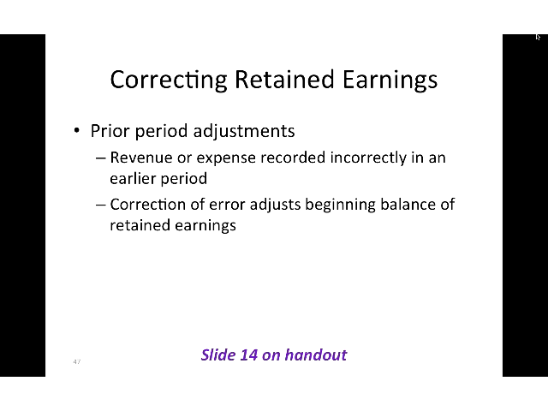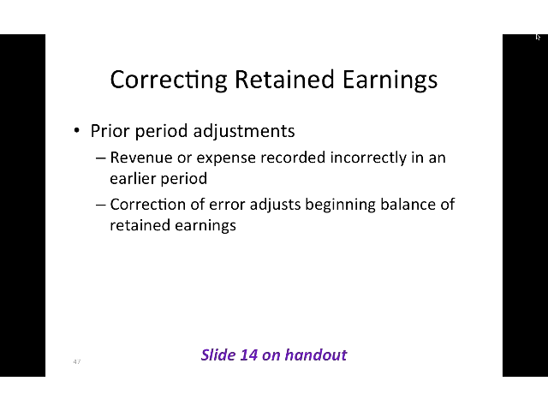Now when we make mistakes, because mistakes will happen, to correct them we call them prior period adjustments. Let's say we're in this year and we discover a major mistake from last year. Well, rather than mess up this year's financial statements, we do something called a prior period adjustment.